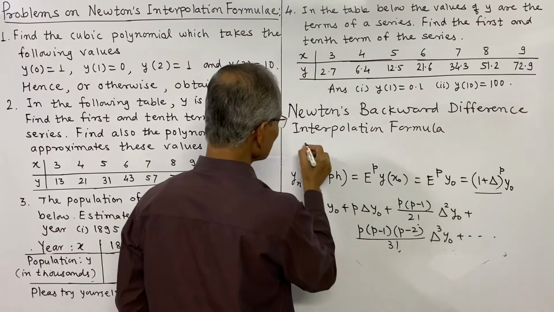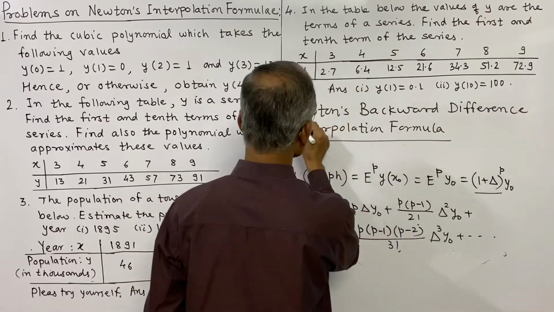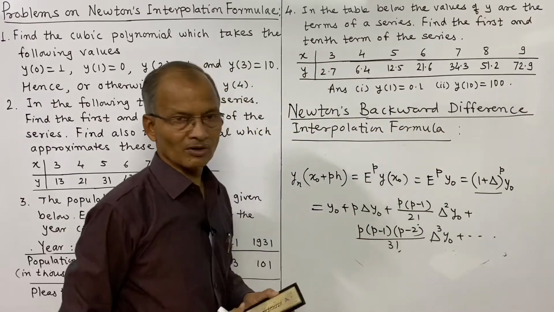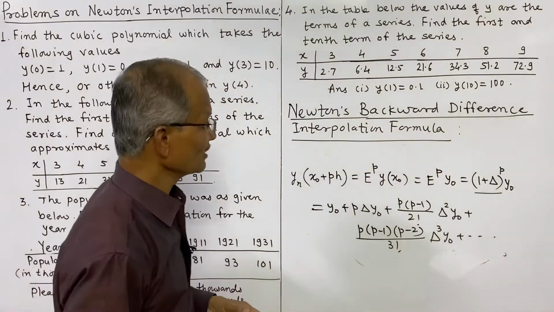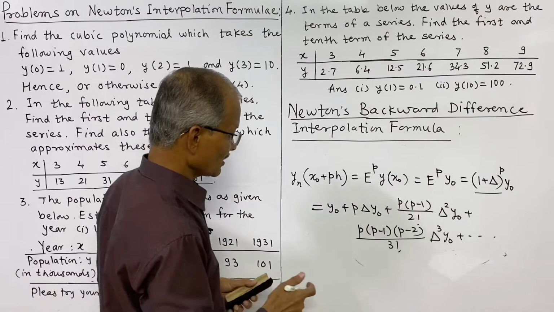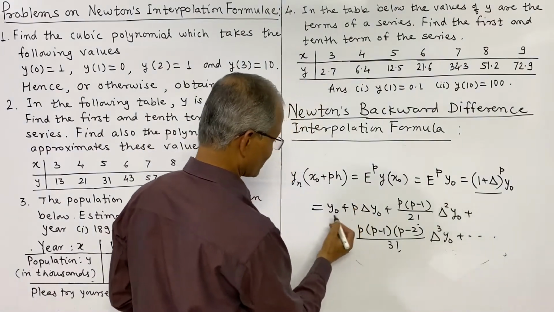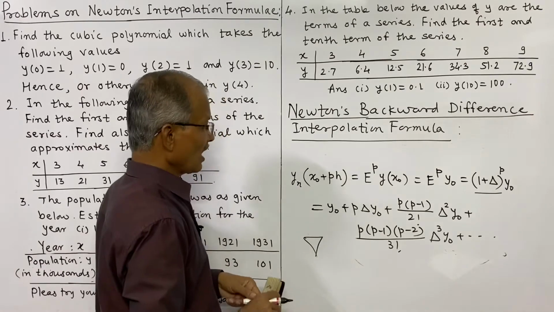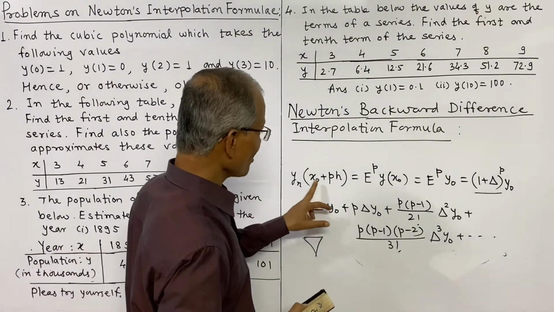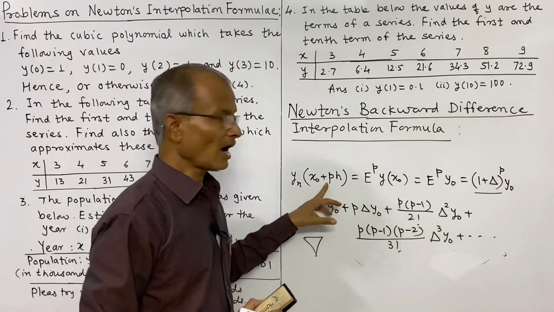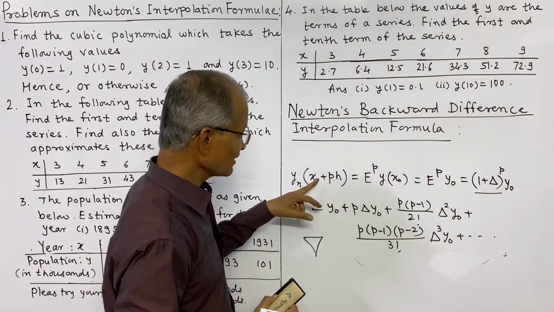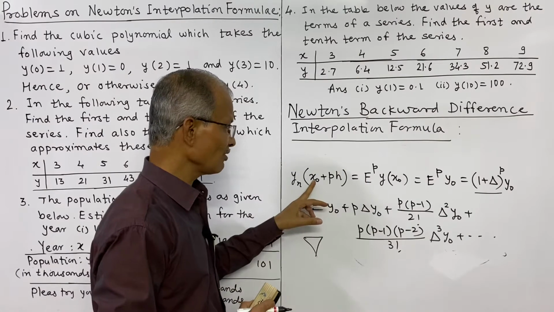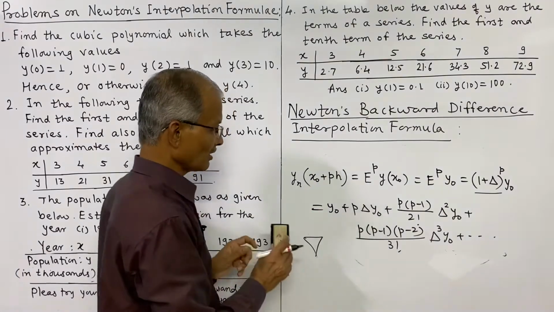Here the differences used will be the backward differences, that is nabla. Why the words forward and backward? Because the differences used are of this type: delta is the forward difference, and we know nabla is the backward difference. Earlier the value was obtained at x0 plus ph, and for backward difference we will consider the last value of x, that is xn, and we shall take the value of x as xn plus ph.